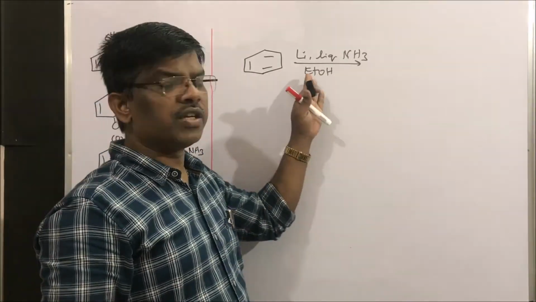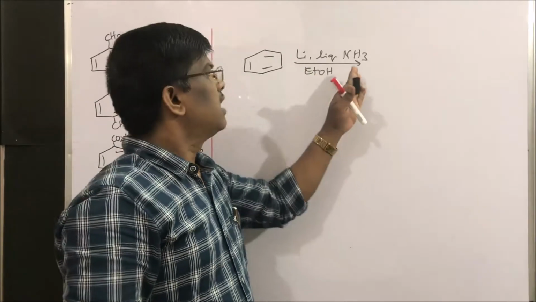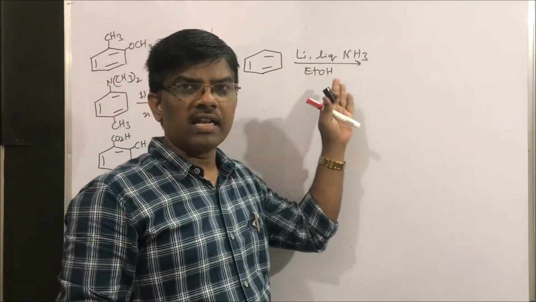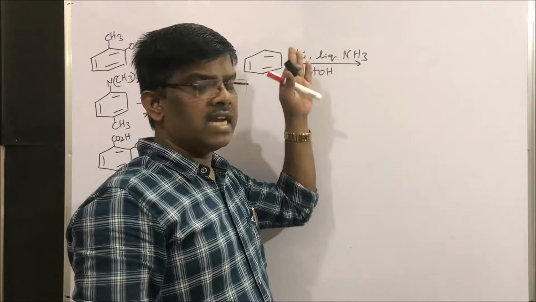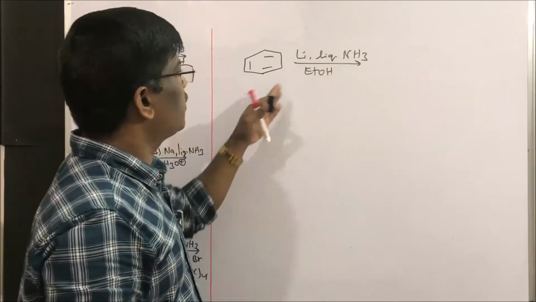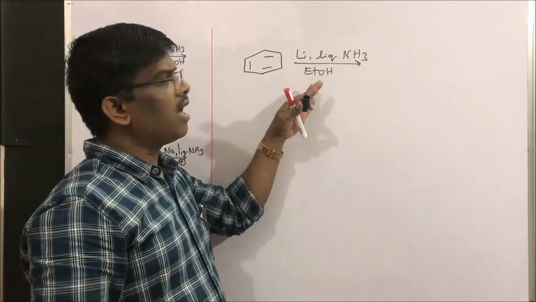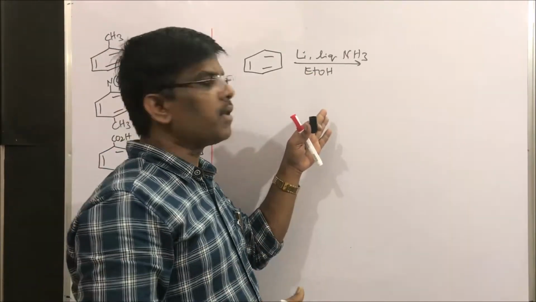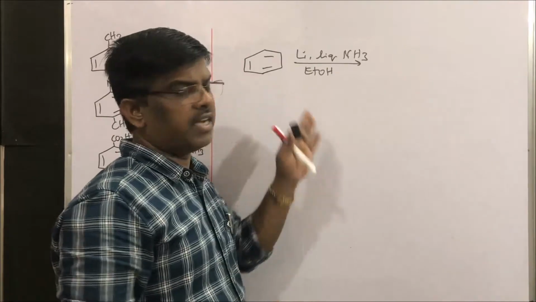So alcohol is going to act as proton donor. In absence of alcohol, sometimes liquid ammonia itself acts as a solvent. However, we are using alcohol as the proton donor, and at the same time for the solubility of the starting materials.